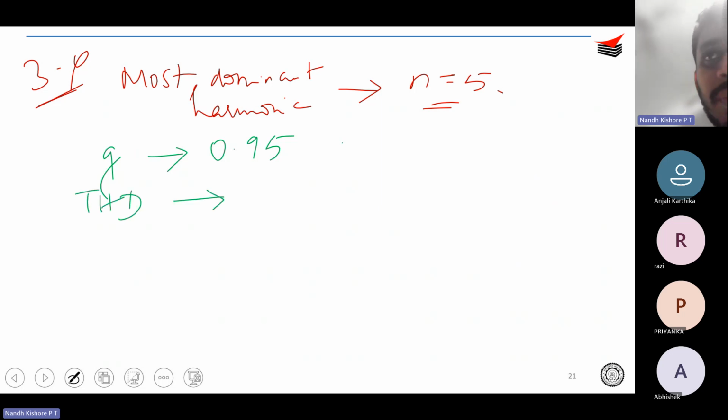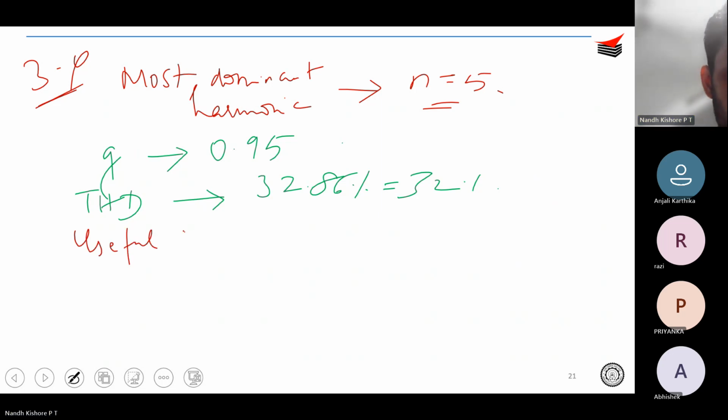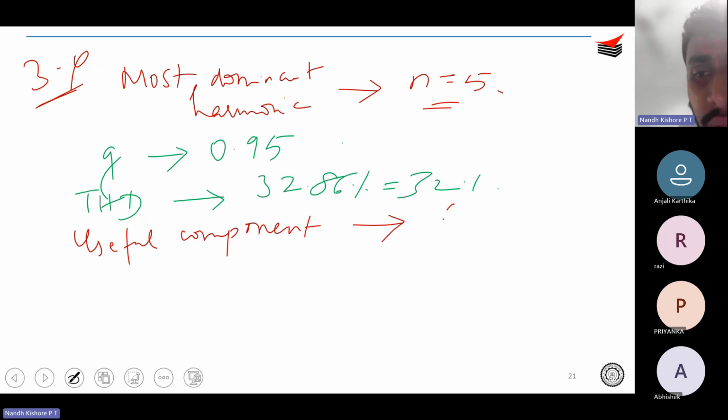Therefore, the THD turns out to be, if I remember right, around 32.86%, or 32%. Therefore, the useful component is 68%. Okay, therefore, you get better utilization of power, or more power is delivered to the load, you can tell. Correct?